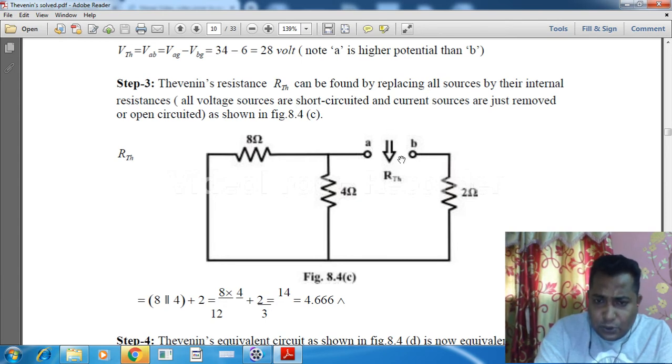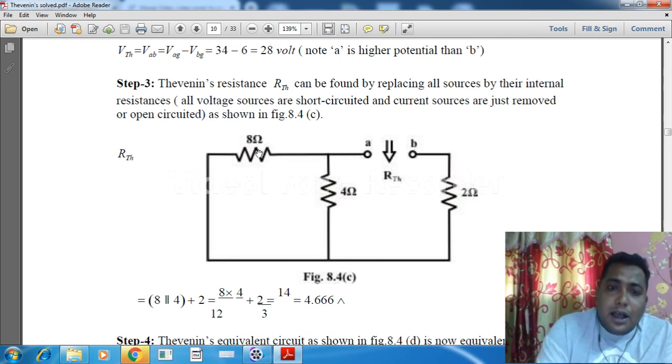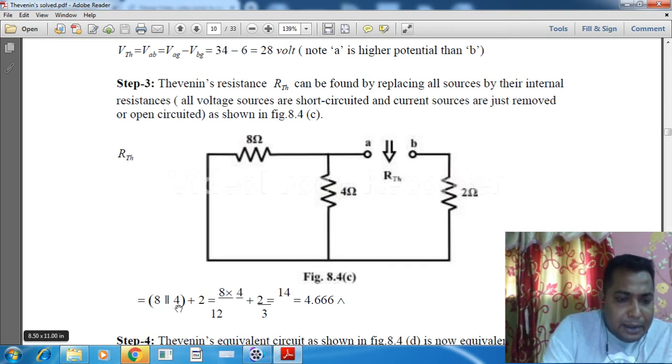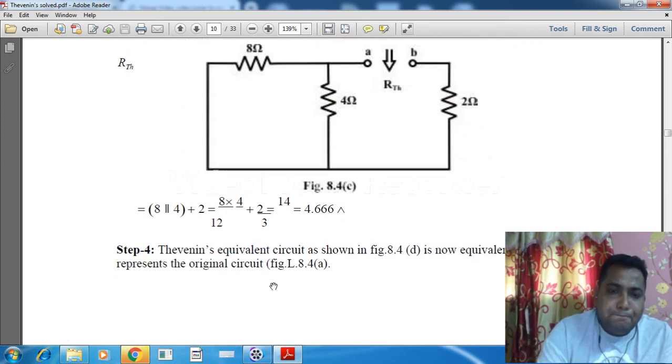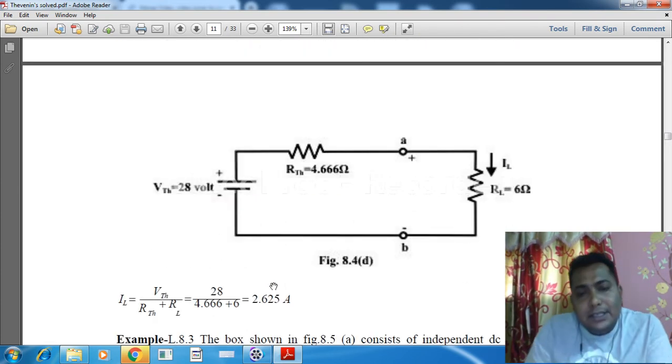There is a source, so the current will flow like this. First it will flow passing through 2. At this node it will find two paths to go, so it will divide. So we can say that 8 and 4 are in parallel, with that this 2 in series. See, this 8 and 4 in parallel, with that 2 in series. So now we know the equivalent resistance or the RTH of the circuit. Yes, now see, this is very simple.